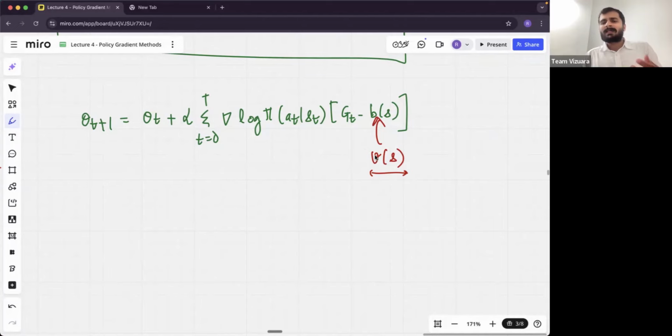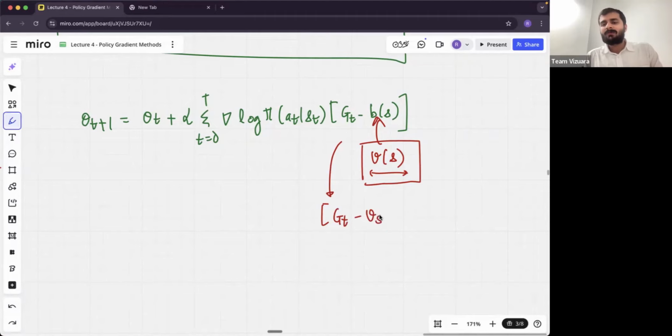I would say in most of the examples I have seen in literature and the ones I have implemented, the baseline is always the value function. In some cases, the baseline can be the mean of all the rewards that you get in the episode, for example. So you can construct the baseline by yourself, but a very popular baseline is just the value function v of s. So the final expression is written as g of t minus v of s.